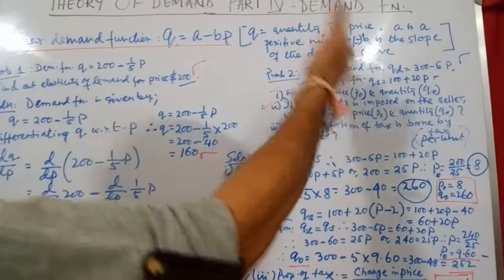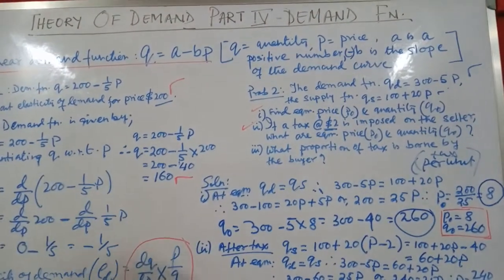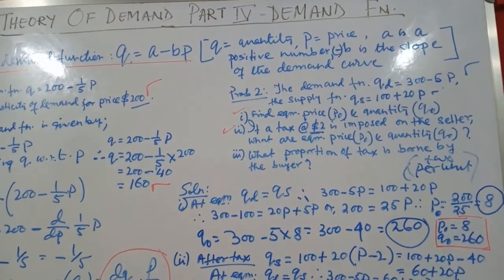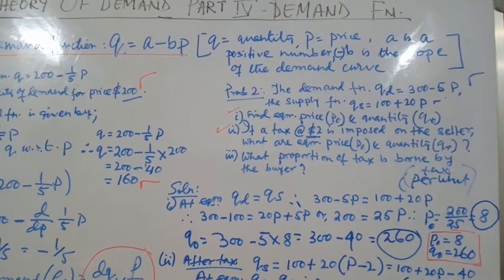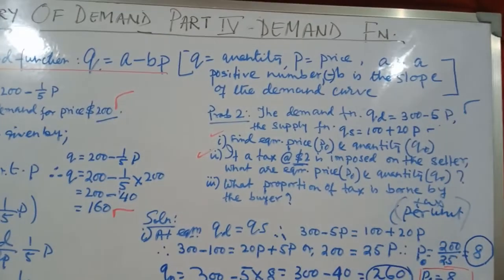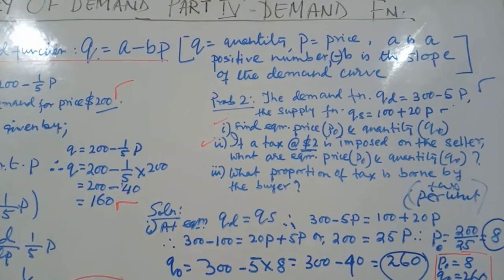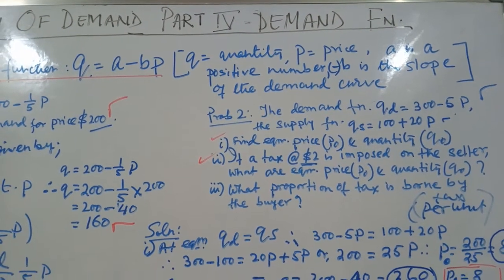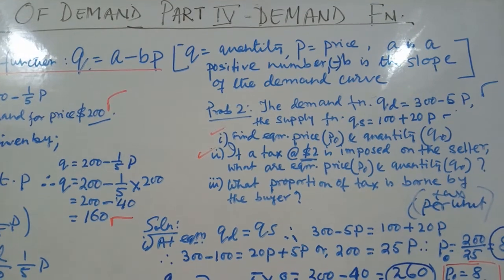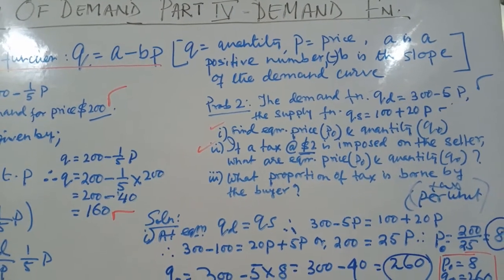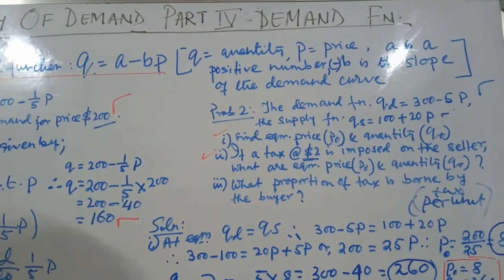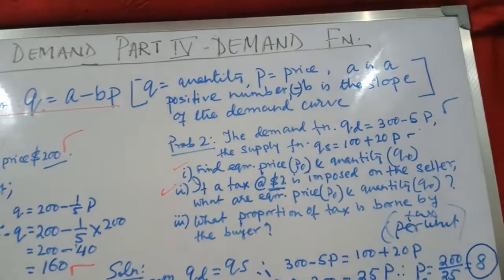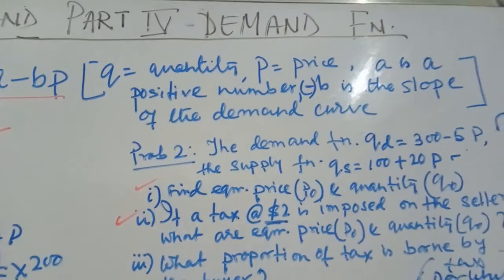Now this is problem 2. In problem 2, a demand function and a supply function are given. The demand function is given by QD equals 300 minus 5P. QD means quantity demanded. And the supply function is given by QS equals 100 plus 20P. QS means quantity supplied.